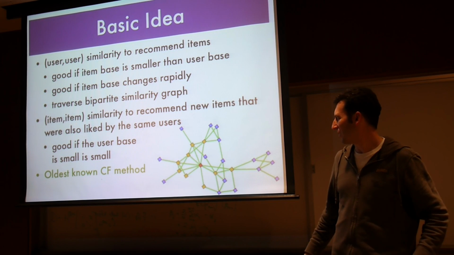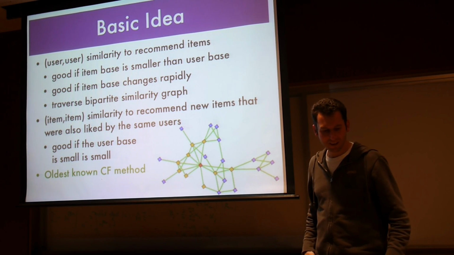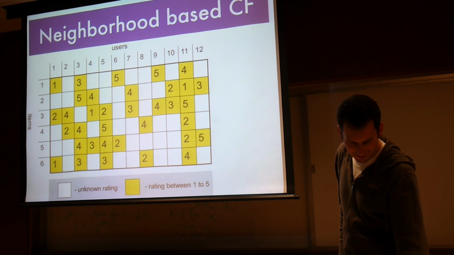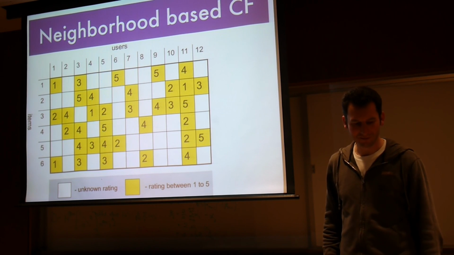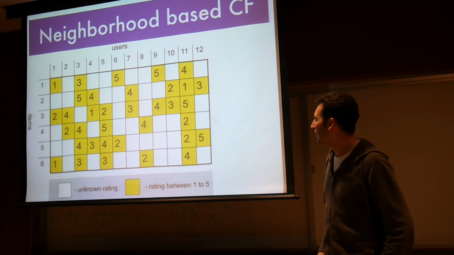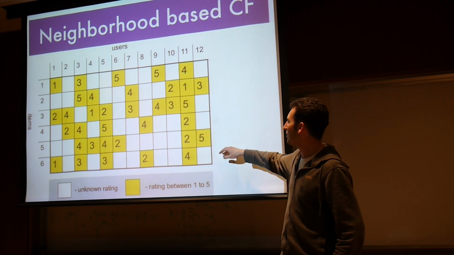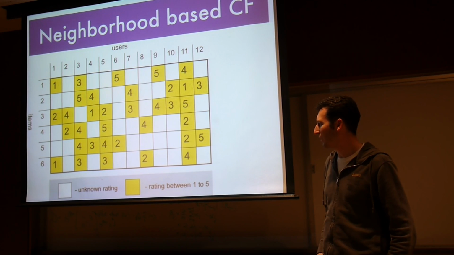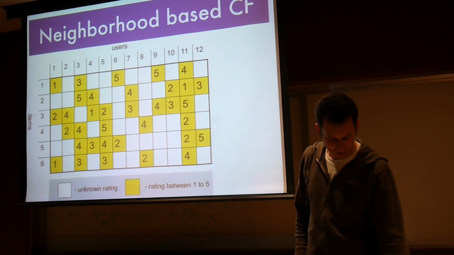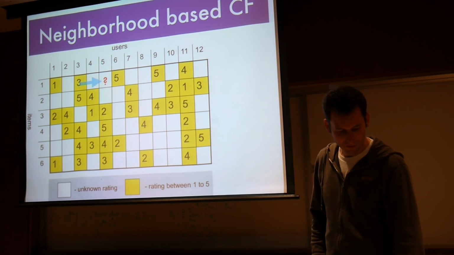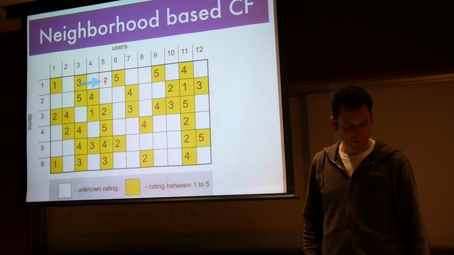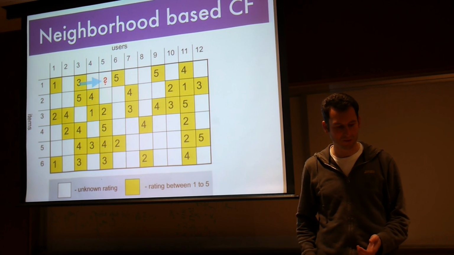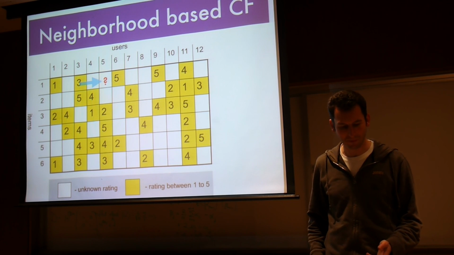So this is actually the oldest collaborative filtering method, and let's just look at it in a little bit more detail. Let's say these are the items, these are the users, and everything that's yellow I know the rating, everything that's white, I don't. So suppose I want to know whether user 5 likes item number 1, or what his rating there might be.